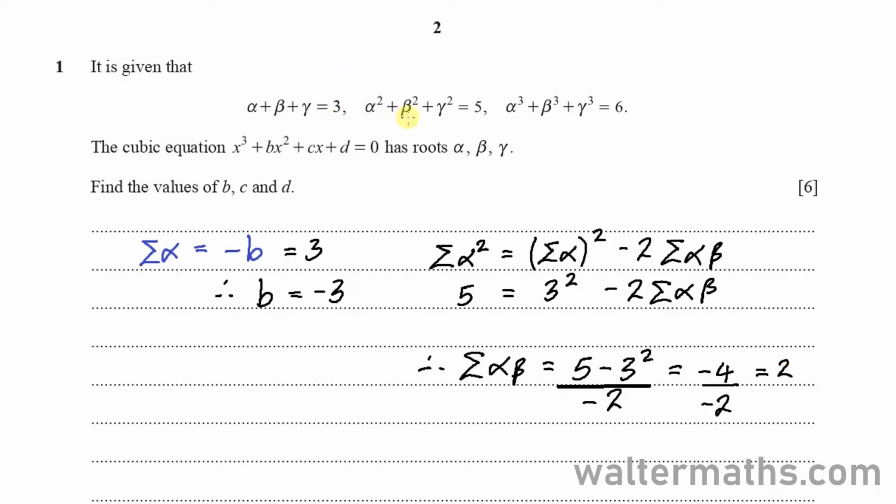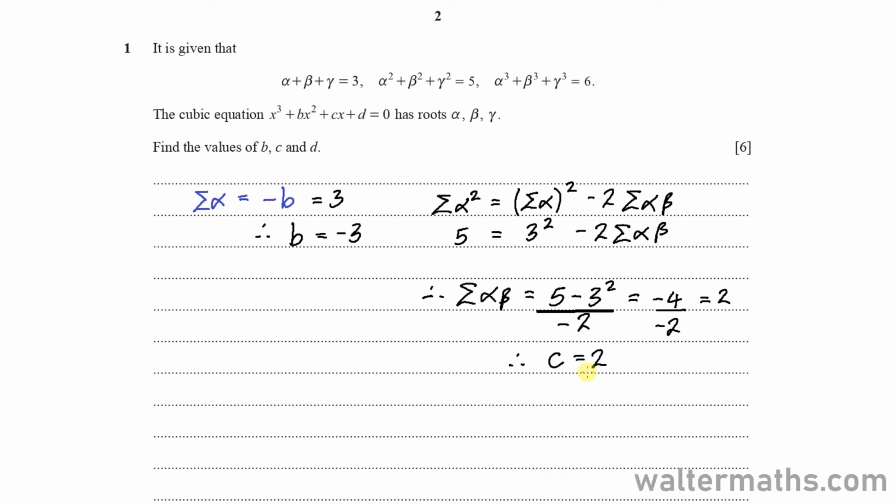Now the sum of product of pairs is represented by c in this case, so therefore we can say c comes out as 2. So we now have the value of c here. Lastly, we want to find the value of d, and to get the value of d, we are going to get the recurrence relation for this cubic equation.